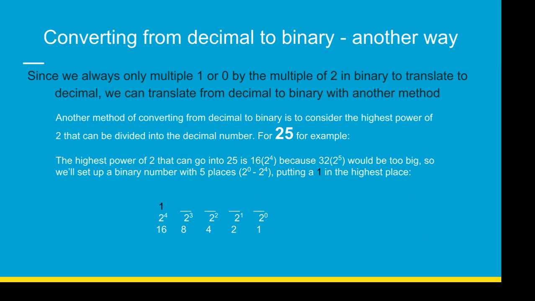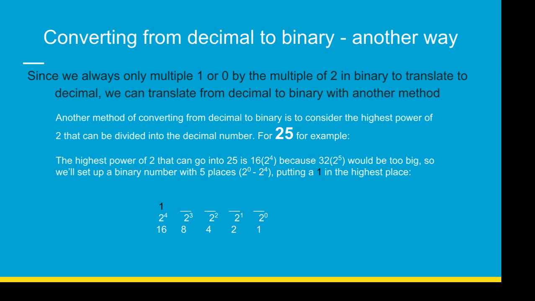Powers of 2 are 2, 4, 8, 16, 32. So the largest one that divides into 25 is 16, 2 to the 4th. So I put a 1 there, and I put blank spaces for all the other places down from that place.